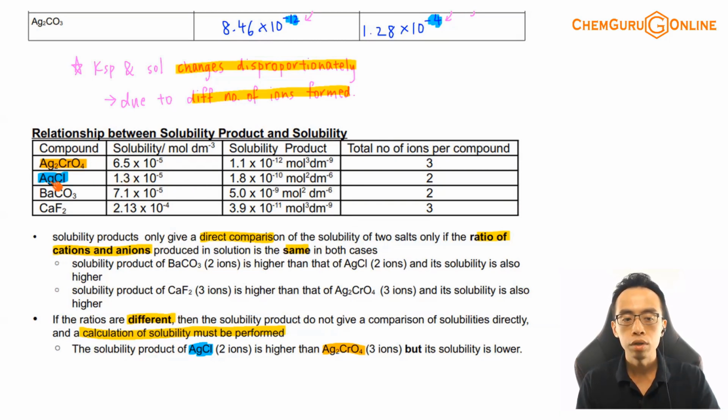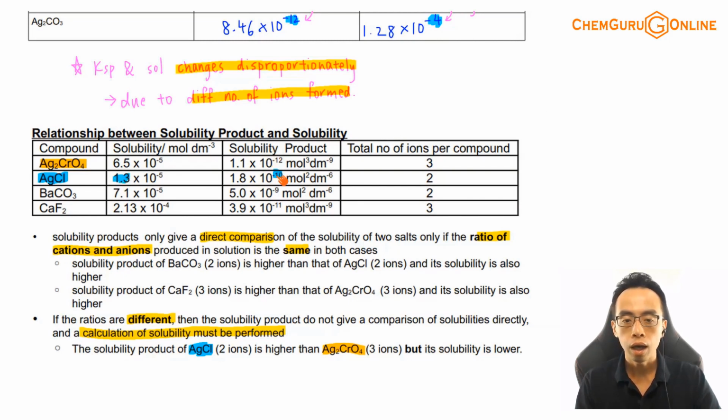So this is AgCl versus Ag2CO3. Let's take a look at AgCl. My solubility product is 10 to the power of minus 10 versus 10 to the power of minus 12. So the solubility product for silver chloride is actually bigger than the other salt. But if I look at solubility, for both of them the power term is 10 to the power of minus 5. But the solubility is 1.3 versus 6.5.